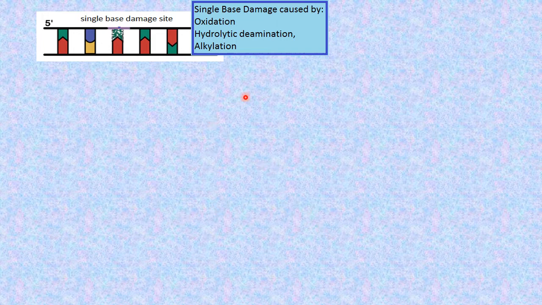So when the DNA is replicated, the GC base pair, in case of cytosine, is replaced by the AT base pair, and so on. So that causes damage to the DNA molecule. So it is better to correct or repair this damage at this very point.